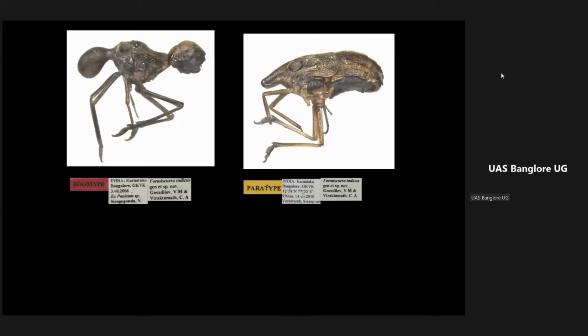Only one specimen you can recognize as a holotype, the one which you are holding in your hand. You cannot hold all the 10 and say it is holotype. You will only look at one specimen, that becomes the holotype. Clear, Ganesh? Okay, sir. Thank you, sir. The other 9 become paratypes. They are also types, but they become paratypes.